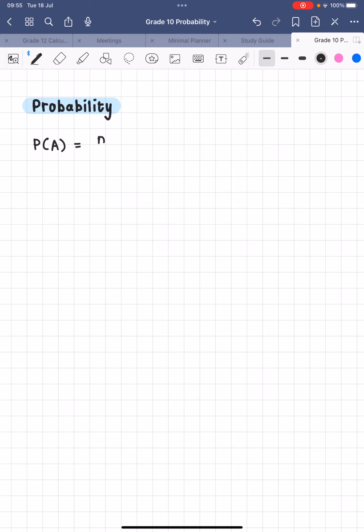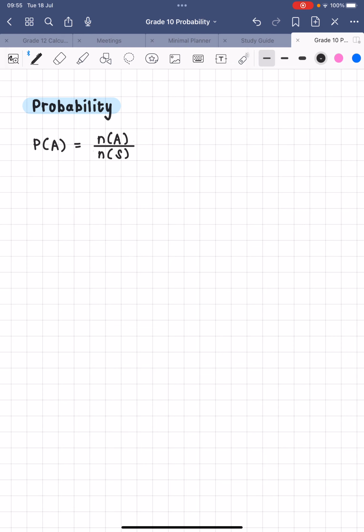Now I'm going to introduce something slightly new. Some of you might have seen this last year. Some of you might not have. There we go. So the probability of A is N of A over N of S. Now what do we think N stands for? Number.